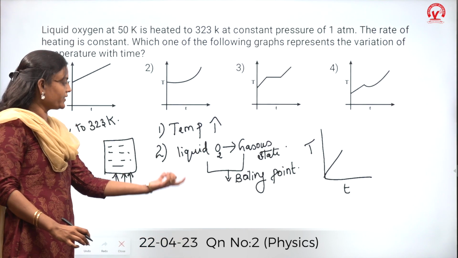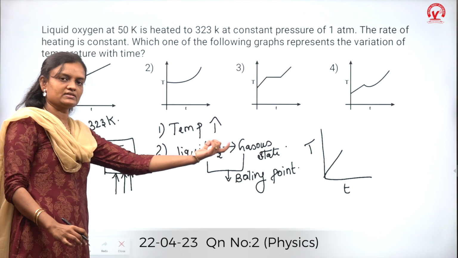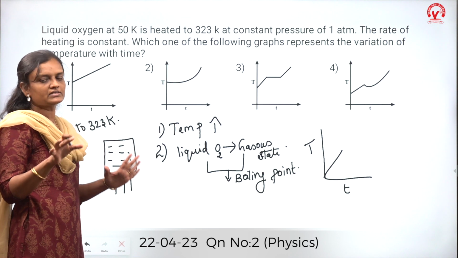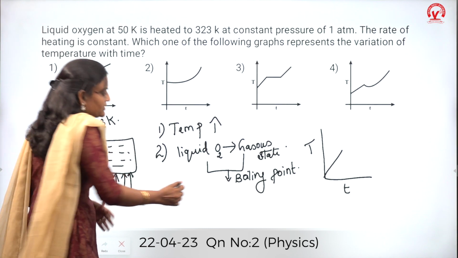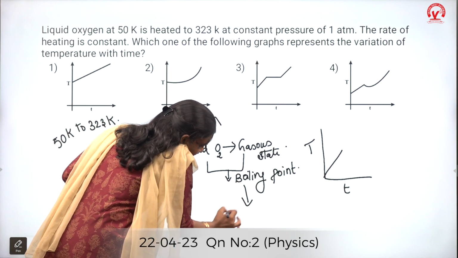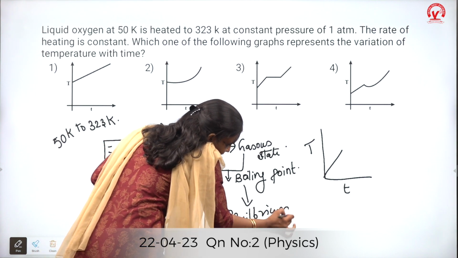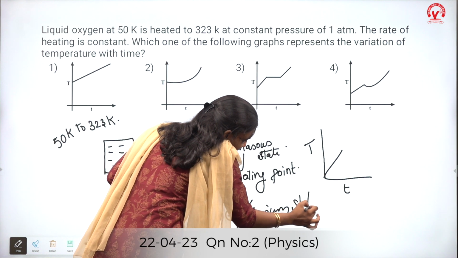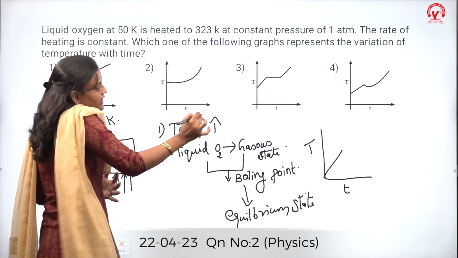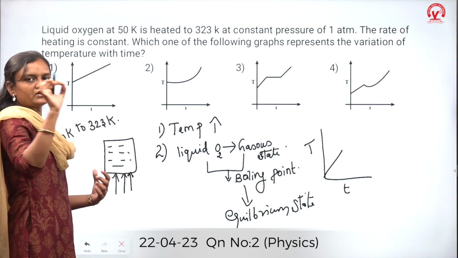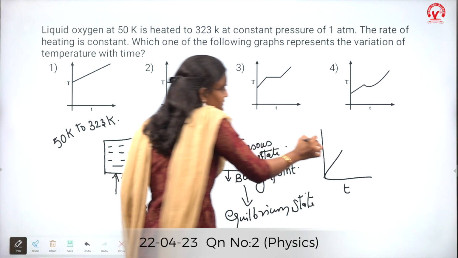Now, at the boiling point, the liquid as well as gaseous states are in equilibrium. Equilibrium is nothing but a steady state. At this state, even when we are applying heat, the temperature won't increase, so it becomes constant.